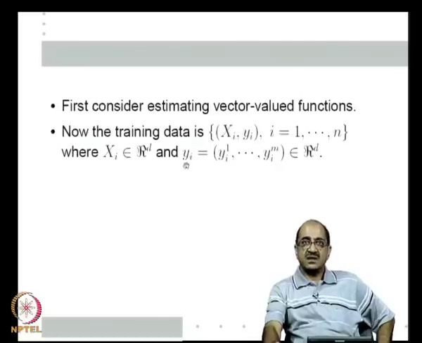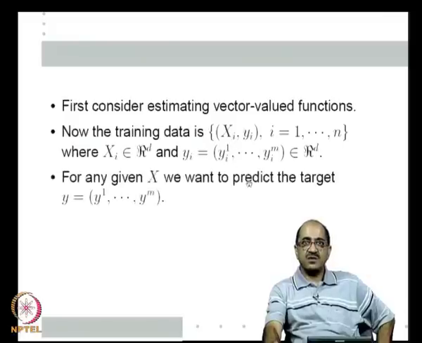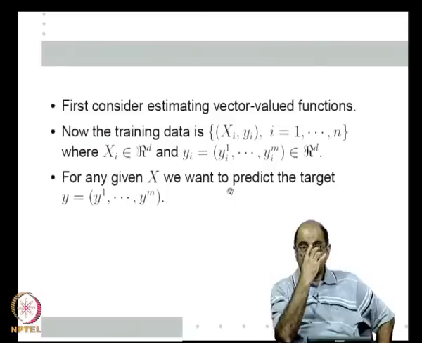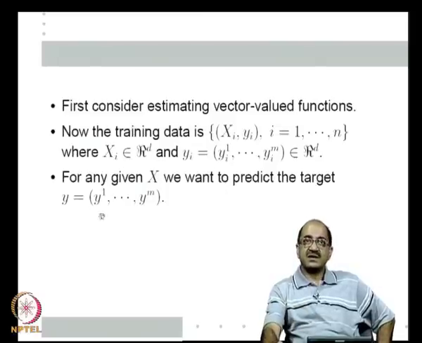Because we already use i for denoting the ith sample, let us denote the components of yi by yi1, yi2 up to yim. So, the main difference in the vector valued case is that yi is now a vector of some m components for some arbitrary value of m. Given any x, we want a model that can predict the target, which is an m vector, with components y1 to ym, and we want to do it using our basic linear methods.